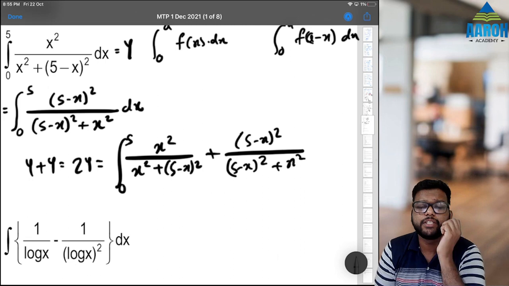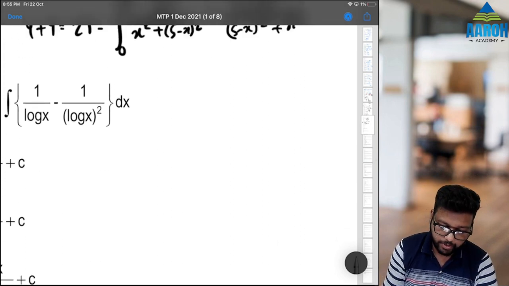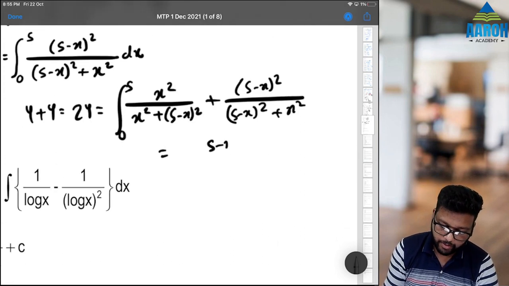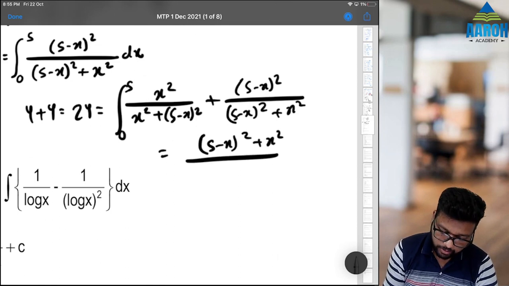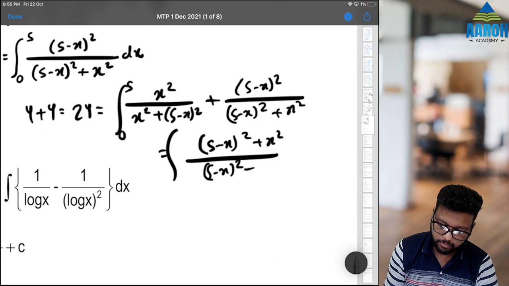Denominators are common, so we can just add the numerators. If we add numerators, it will be 5 minus x square plus x square, and the denominator is also 5 minus x square plus x square, from 0 to 5 dx.